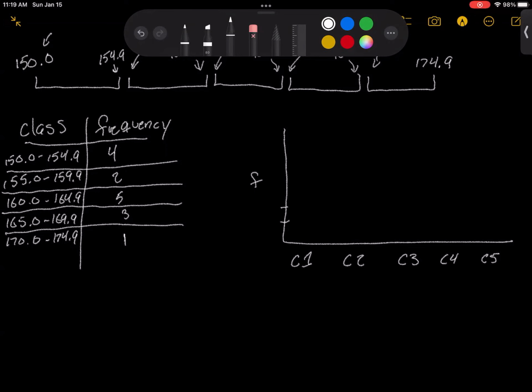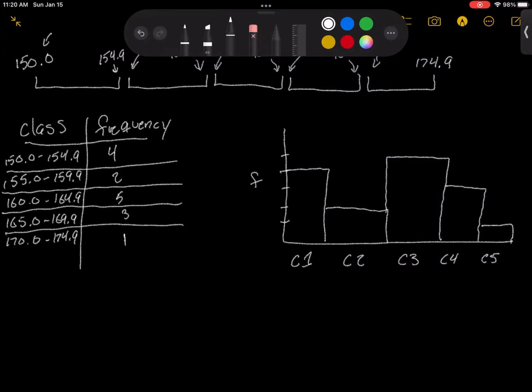So 1, 2, 3, 4. Class 2 only contains 2 data values. Class 3 contains 5 data values. Class 4 contains 3 data values. And class 5 only contains 1.